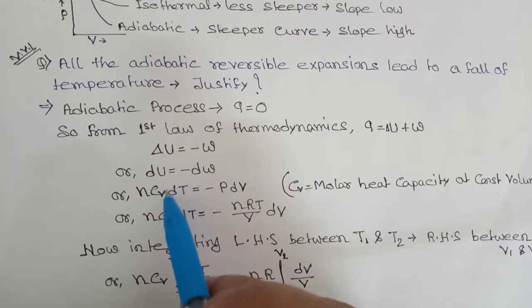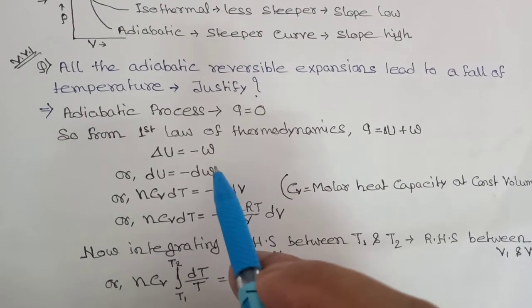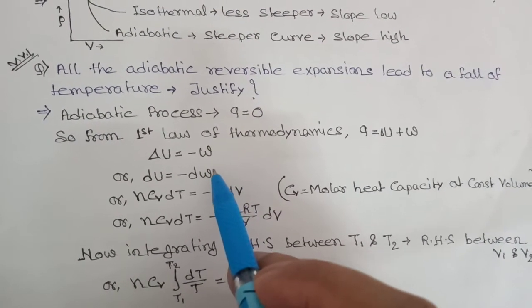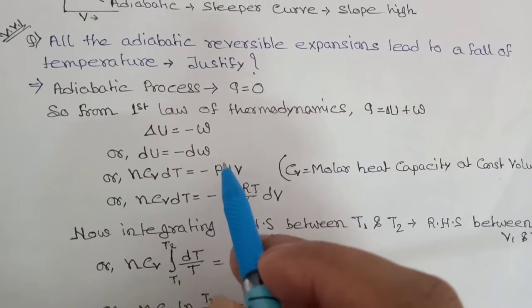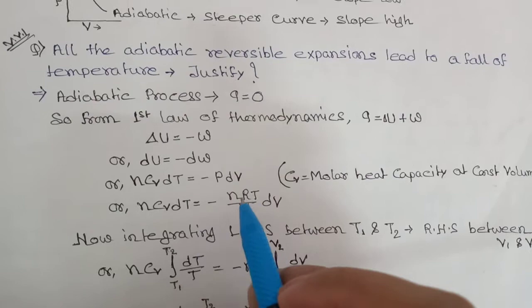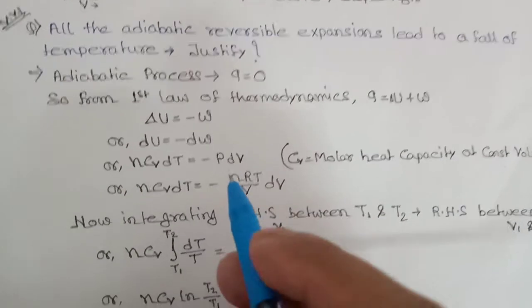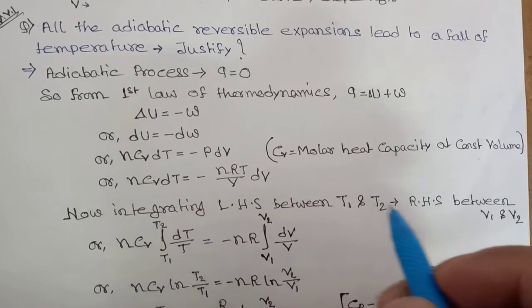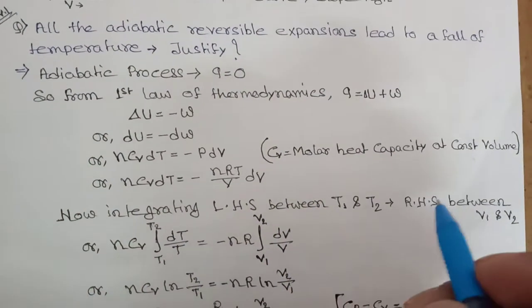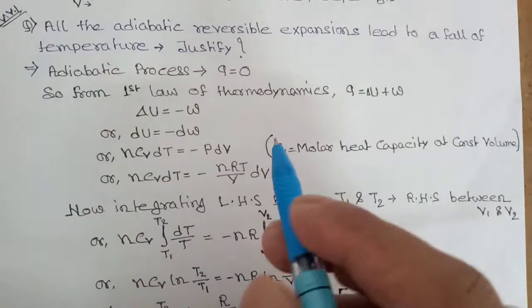In place of dW we can write P dV, because this is the formula for work done. Now in place of P we replace it with nRT by V because you all know PV is equal to nRT. Now integrating the left hand side between T1 to T2, and the right hand side between V1 to V2.